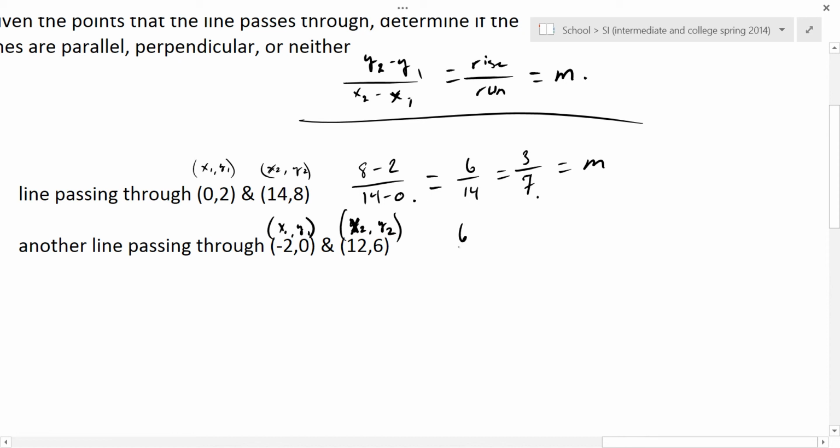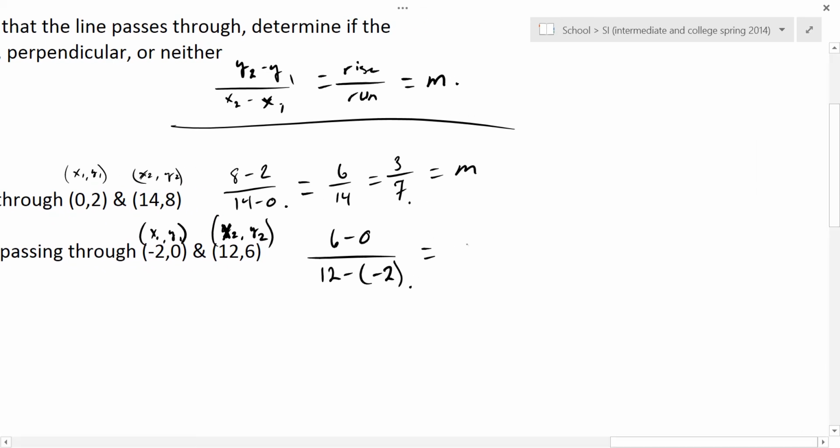Got 6 minus 0 over, and I've got 12 minus, and it looks like this is going to be negative 2. 12 minus negative 2 equals 6 minus 0 is 6, and 12 minus negative 2, well, that's simply saying plus. So I've got 14. 12 plus 2 is 14. And I wind up with 3 over 7.